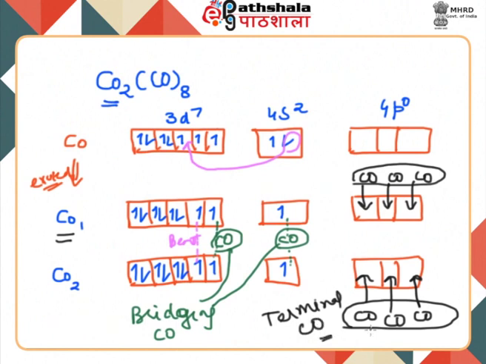And another thing to notice is that because of the two d orbitals, 1 s and 3 p orbitals, there is a d2sp3 hybridization which is involved in the formation of dicobalt octacarbonyl.